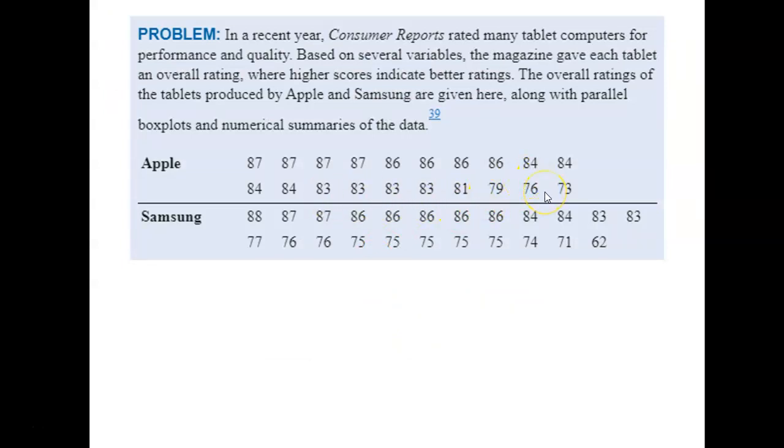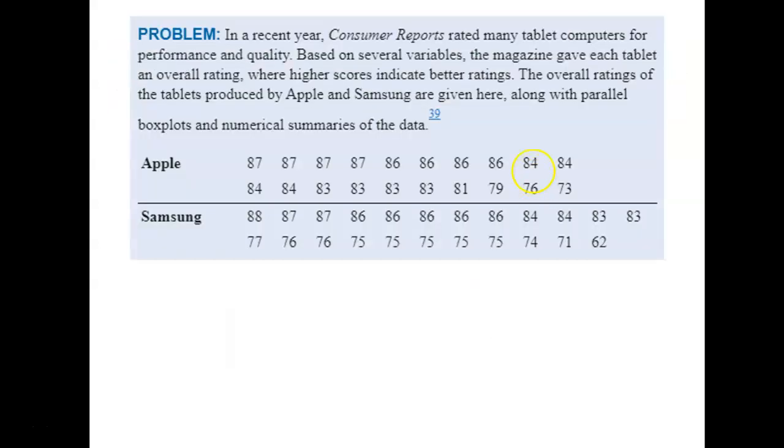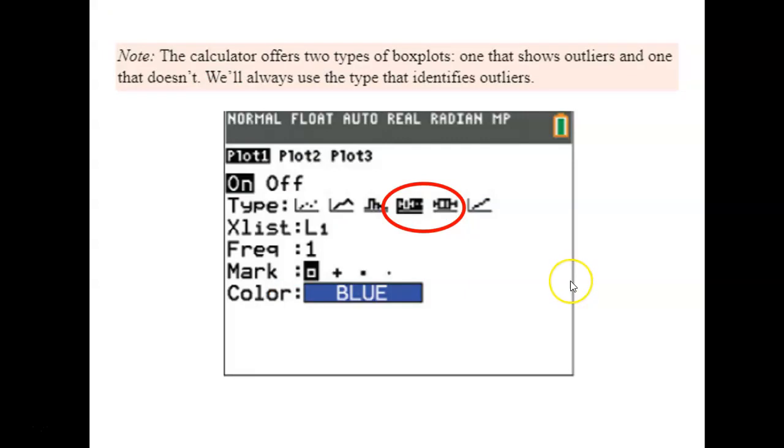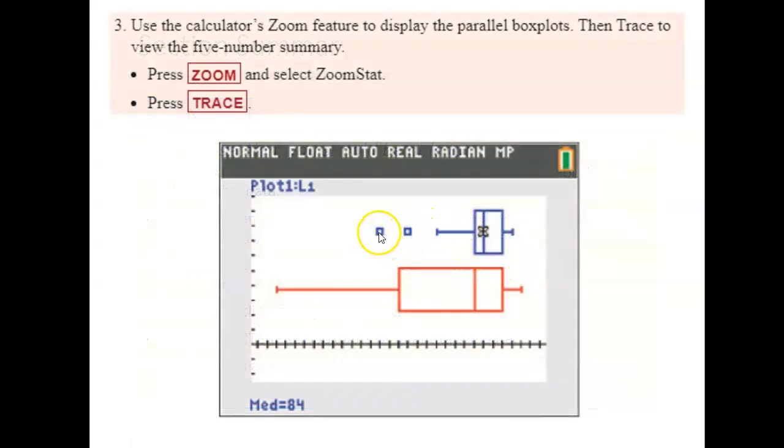It'd be these lower ones, right? That's silly. All right. So the 76 and the 73. I'm always worried I'm looking at the wrong data. So the ratings of 76 and 73, I already forgot what they were, appear to be outliers by the 1.5 times the interquartile range rule. And there appear to be no outliers on the Samsung data.